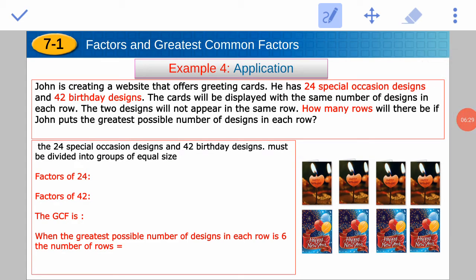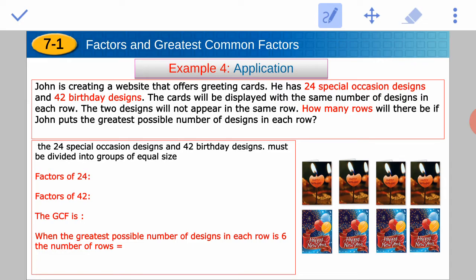The word problem. John is creating a website that offers greeting cards. He has 24 special occasion designs and 42 birthday designs, so two different sets of designs. The cards will be displayed with the same number of designs in each row.